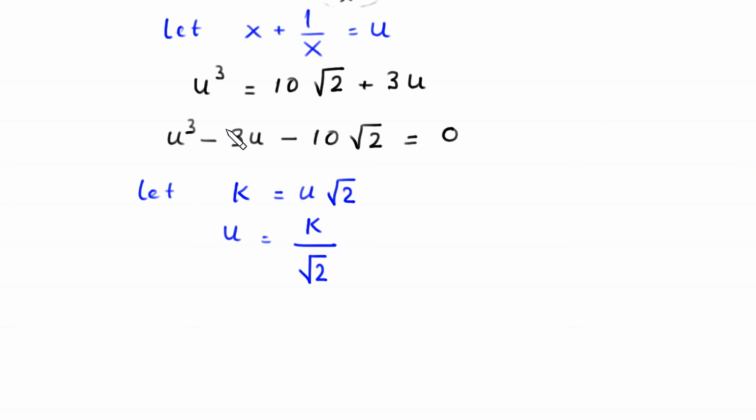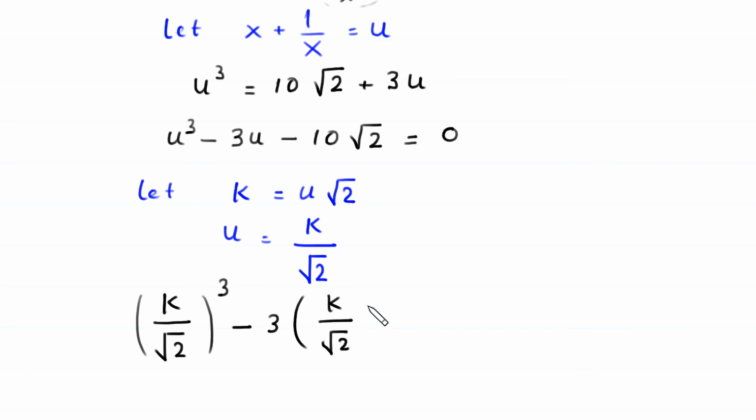So this equation will become k divided by root 2 whole cubed minus 3 times k divided by root 2 minus 10 times root 2 equal to 0.